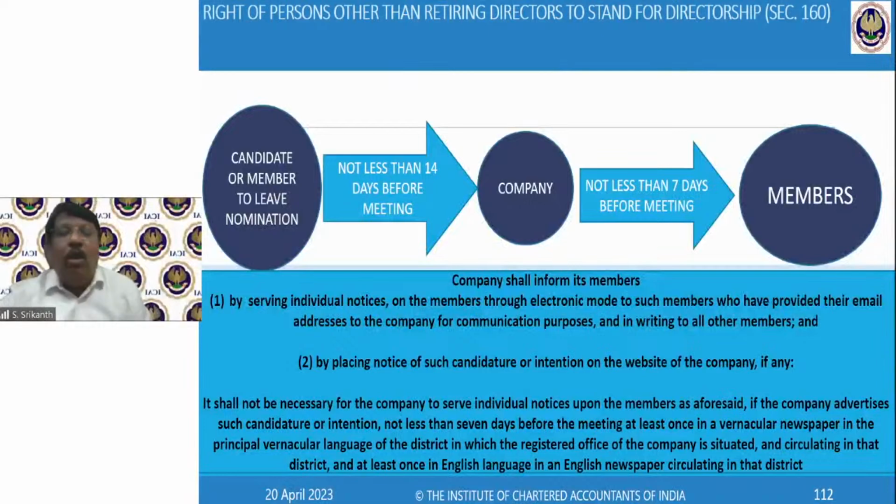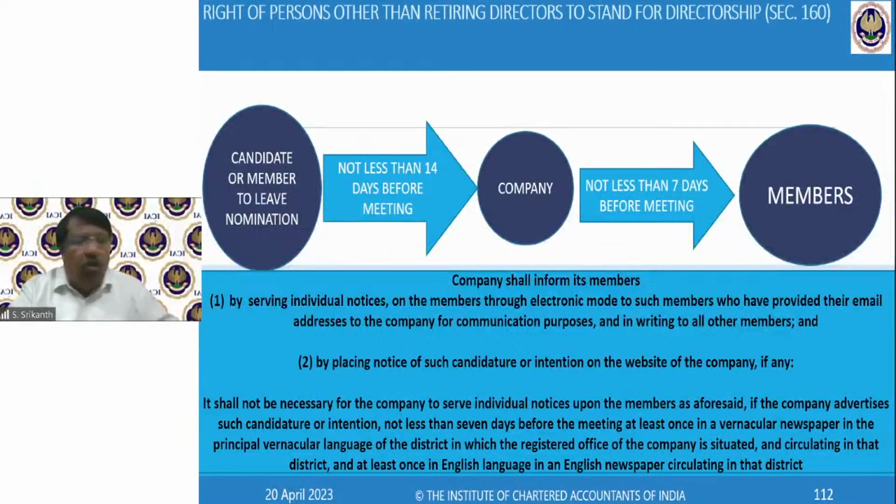See, this escape valve is there because in those days, this notice had to be sent by post to everybody, courier or post. So costly, very costly. Compared to that, releasing an advertisement is cheaper. There are many small newspapers circulating near the registered office for which, if you pay a nominal amount, you can publish it. So in case the company wants to avoid spending postage, they can as well advertise it.